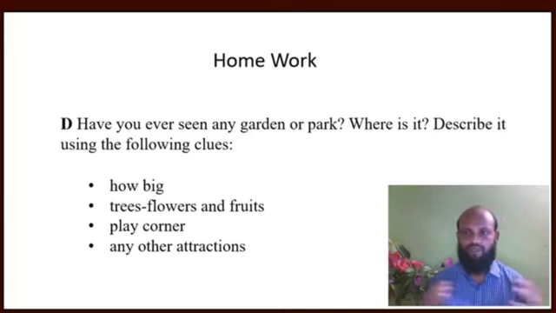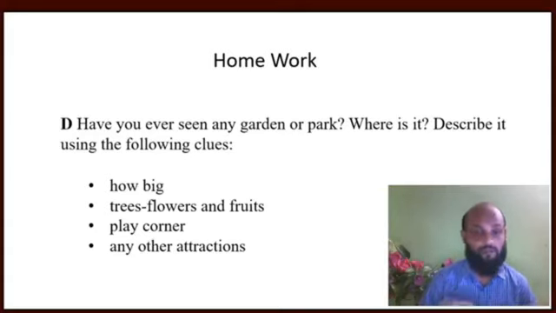Suppose if you think about the giant's garden, then you can understand that the giant's garden is very large, right? In the giant's garden, there are beautiful flowers. There is no mention of fruits. So the giant's garden is exclusively of flowers.